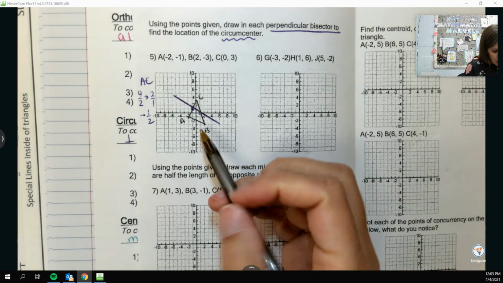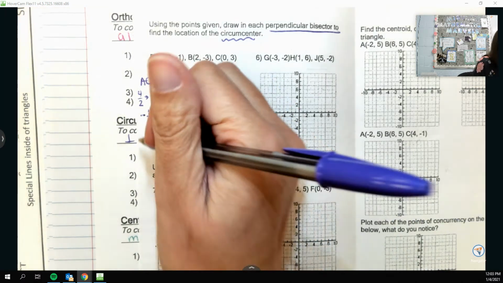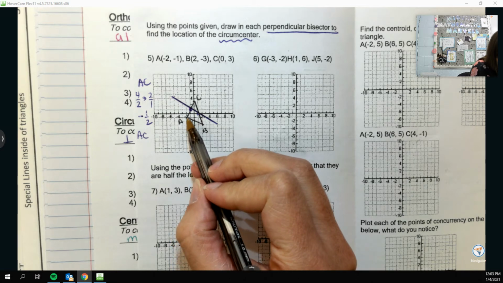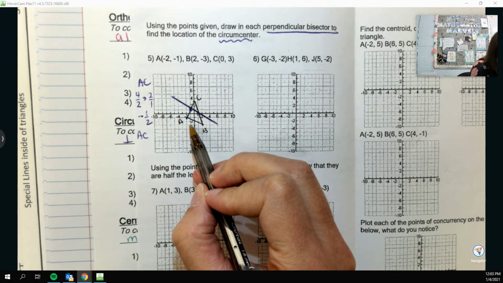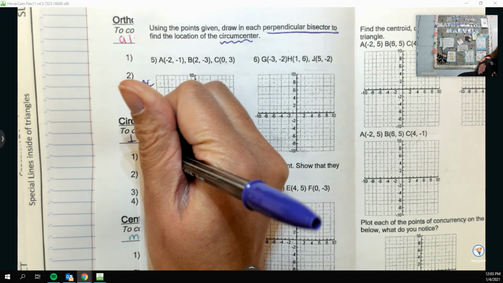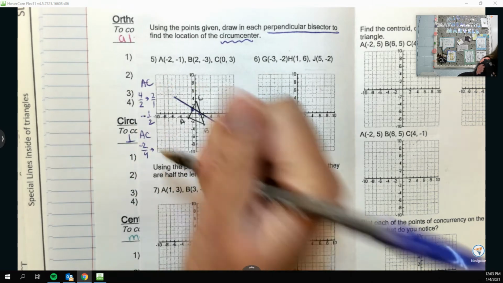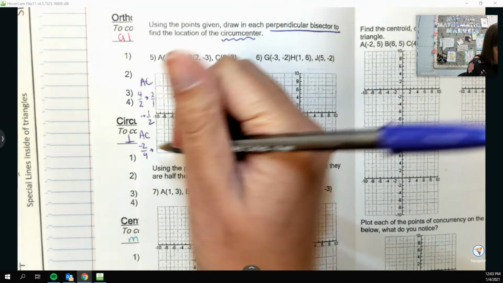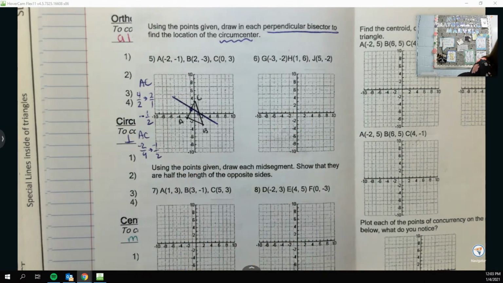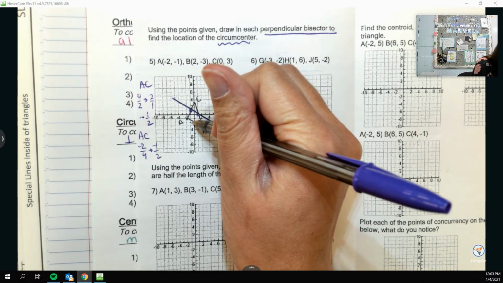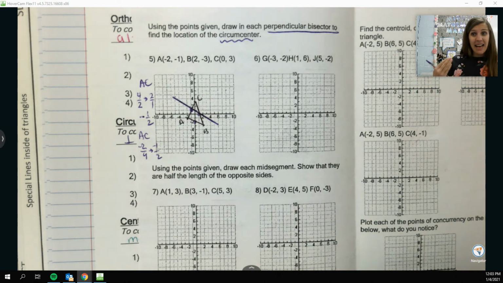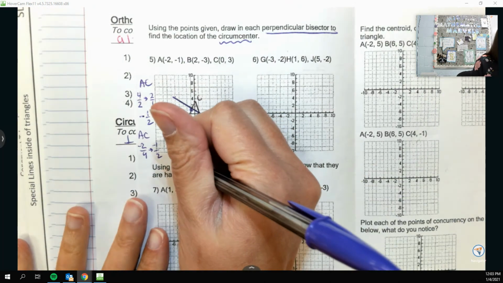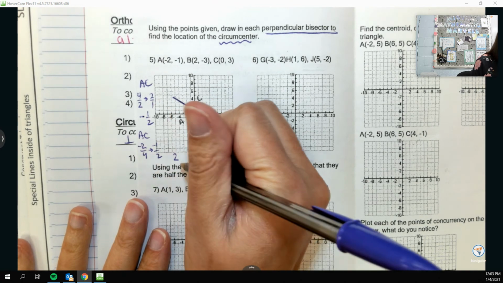So I could also pick line AB and find the slope. So with that one, I go down 2, so down 2 and then right 4. And so if I do half to find the midpoint, we'll have -1 over 2, so down 1 over 2. And then I have to do the opposite reciprocal slope, which opposite will be positive, and then flipped will be 2.